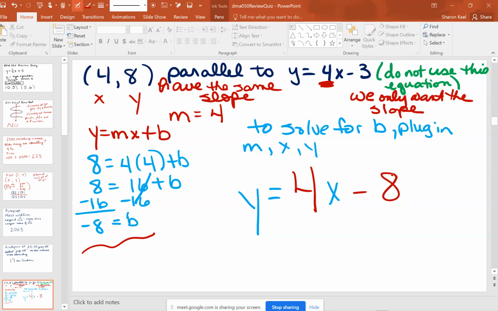That's what they're looking for as your final answer: simply y equals 4x minus 8. We use the slope from that equation, that's all we use. We use the original ordered pair, we use our simplest equation. We have 3 numbers, 1 variable, so we solve for b. Then we come back and plug in the number for m and the number for b. And you're done.